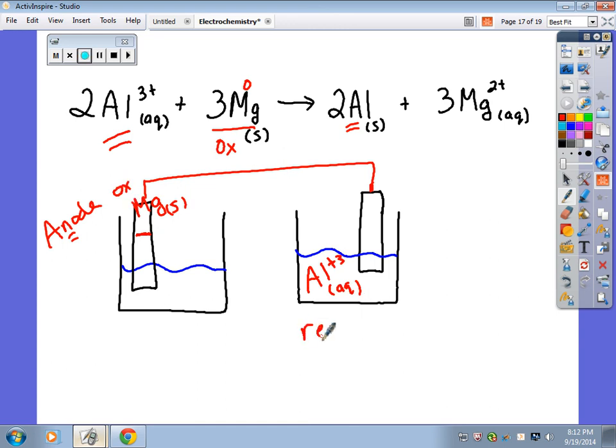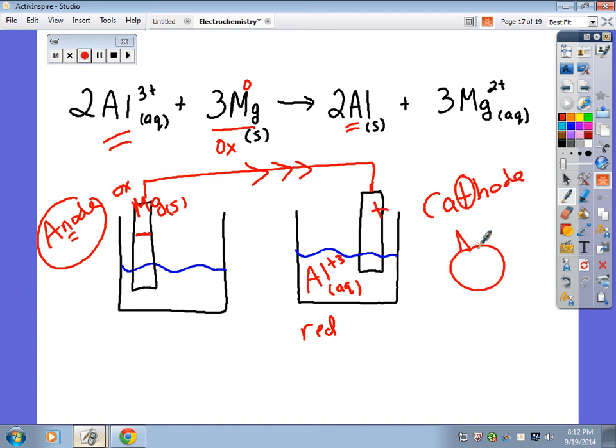This is what's reduced. Now what happens? Well, electrons flow through the wire from the anode right here to the cathode. The cathode is charged positive. Red cat. And I can now establish my arrows since I already have my electron flow here.